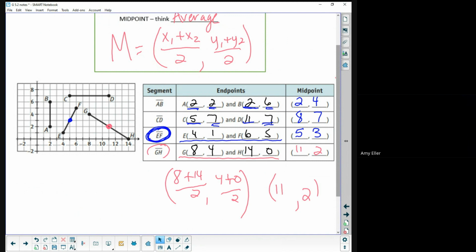I got 11, 2. I plotted it, and that does look like the exact middle point of G and H.